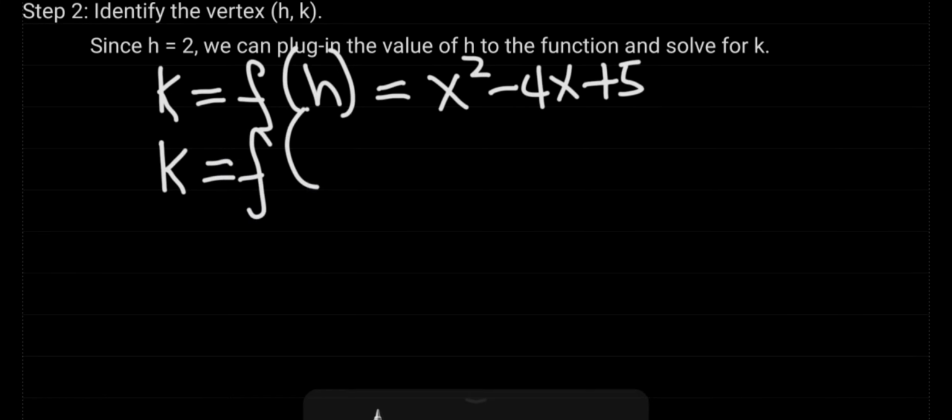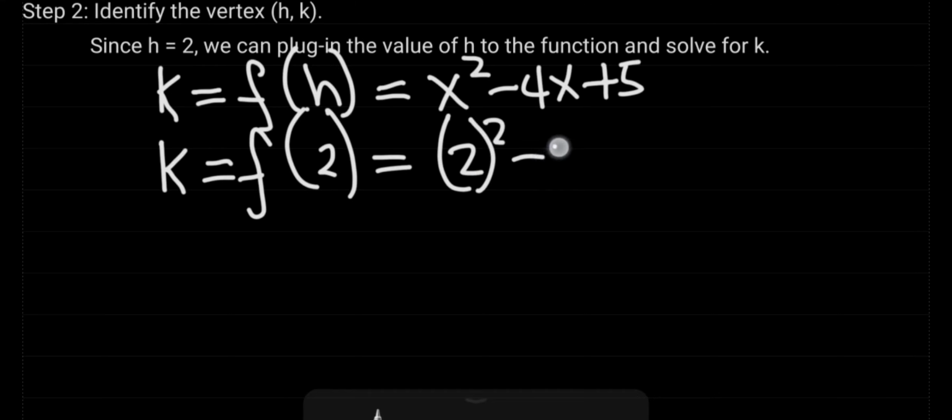So we will replace h with 2. So this is 2 squared minus 4 times 2 plus 5.